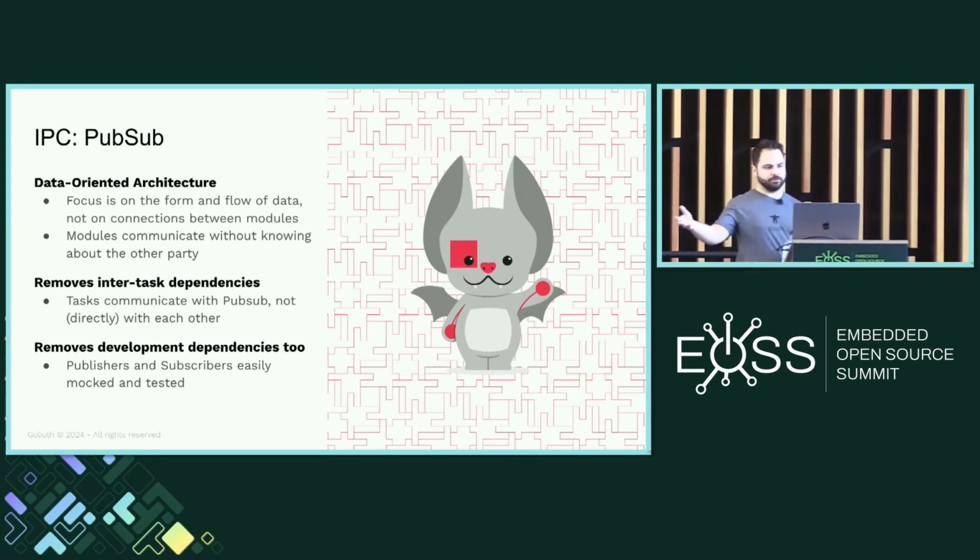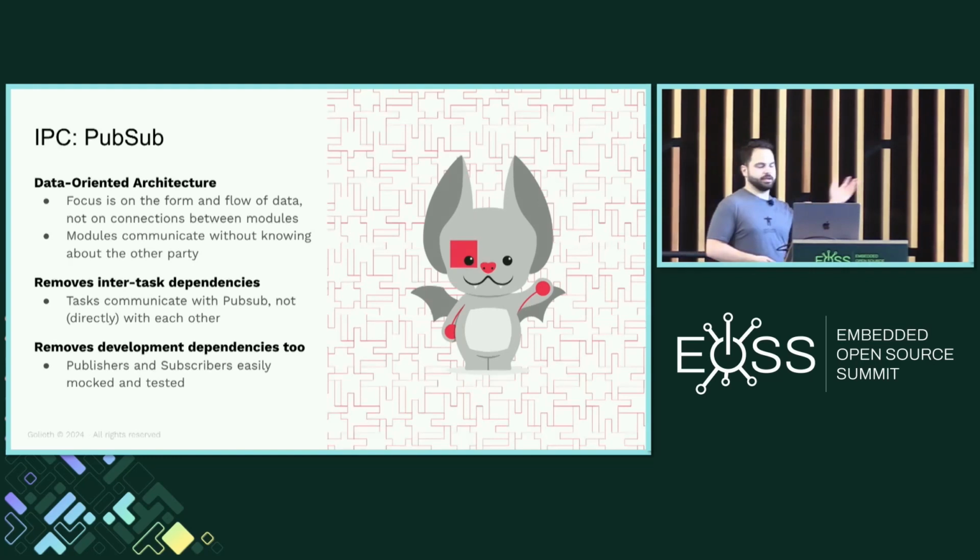Tasks can subscribe to them and receive messages. The important thing is that the focus here is on identifying that data, so naming the topic like accelerometer, or temperature, or GPS, or whatever. Sensor data is the easiest one to think about, so I'm probably going to over-index on that. The focus is on what the form of that data is, rather than on how modules are interconnected.